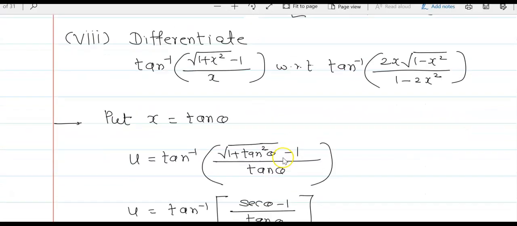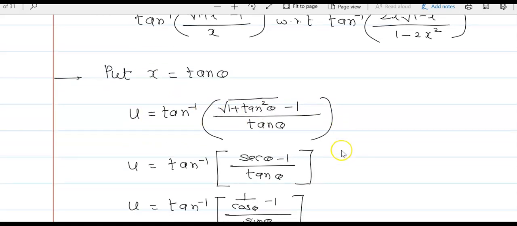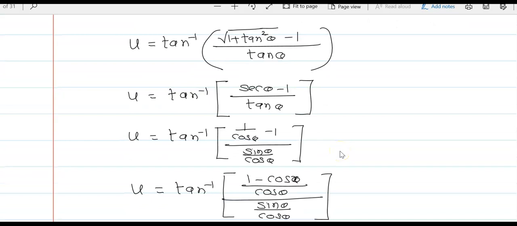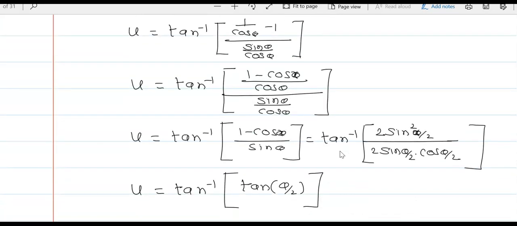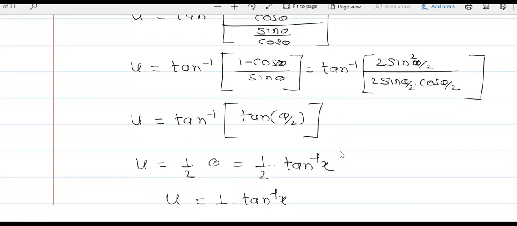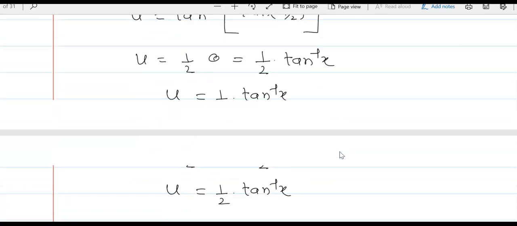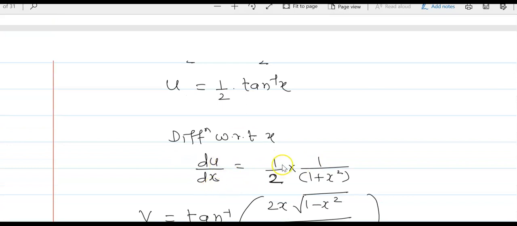If you want to write this down, you can have u is equal to tan inverse of root of 1 plus tan square theta minus 1 upon tan theta. U is equal to 1 upon 2 tan inverse of x, and its derivative du by dx is equal to 1 upon 2 into 1 upon 1 plus x square.